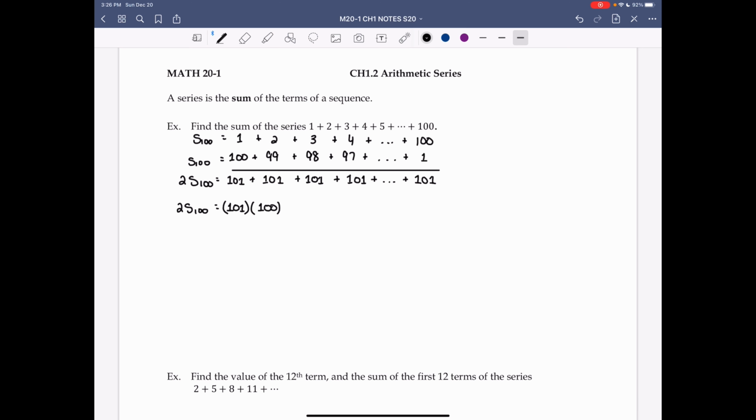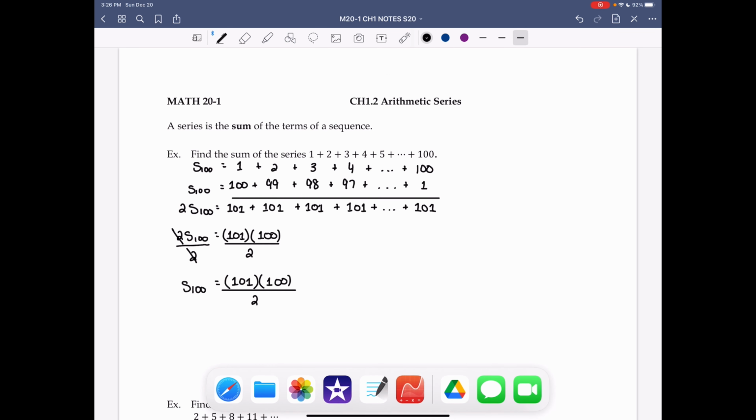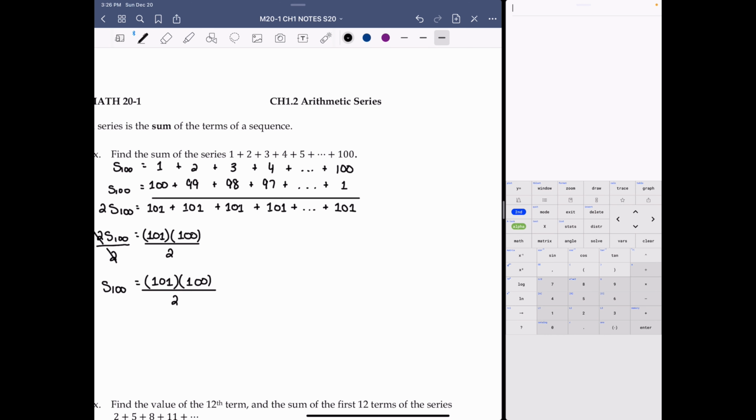But we want to know what's the sum of one of those series. Right now we have 2 of those series. So we divide that by 2. And then we have S100 equals 101 times 100 divided by 2. 101 times 100 gives us 10,100.